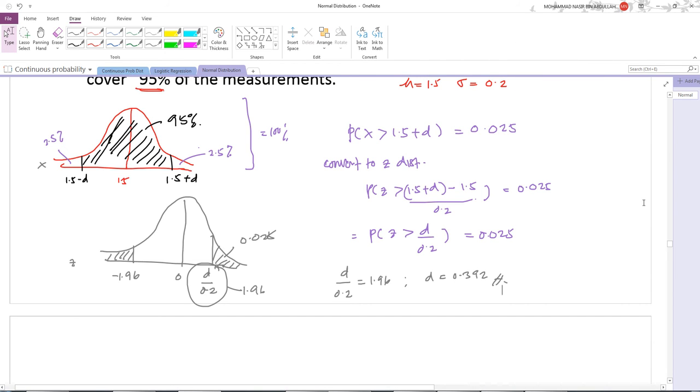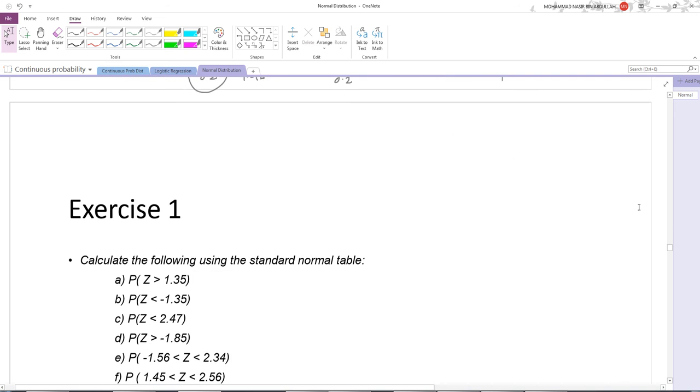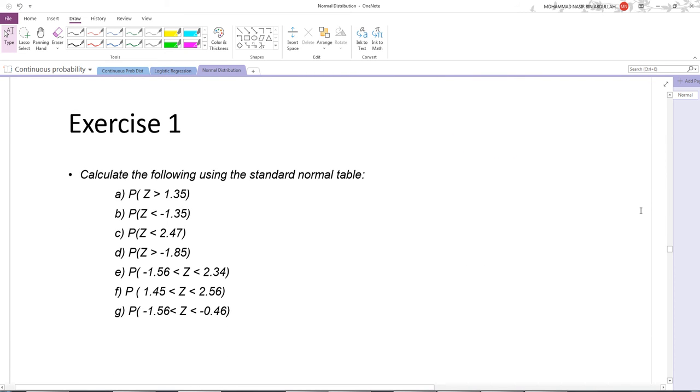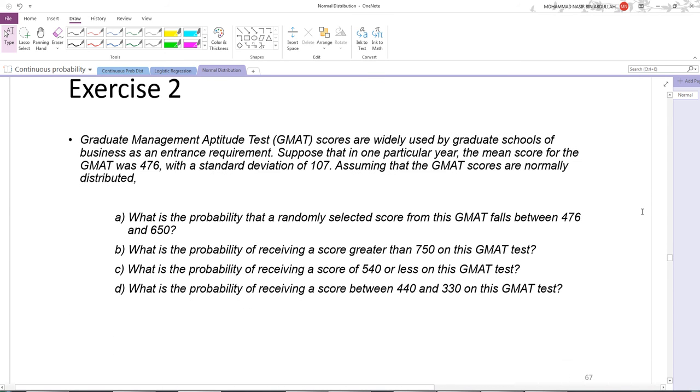Before that, I have an exercise for you. You can screenshot this one. You do it by yourself. Exercise 1. I'm giving you quite a few exercises. You do them yourself to test your knowledge and understanding. Screenshot this one. Done? Now exercise number 2.